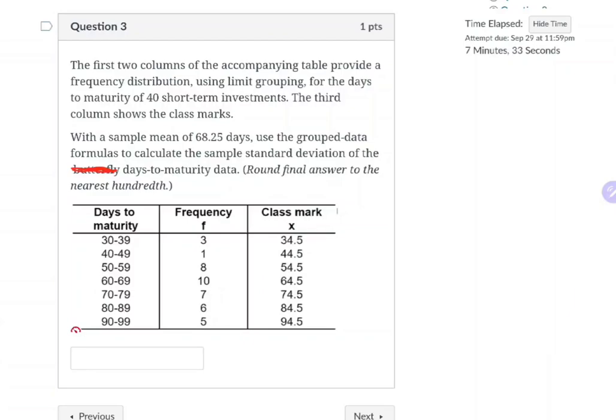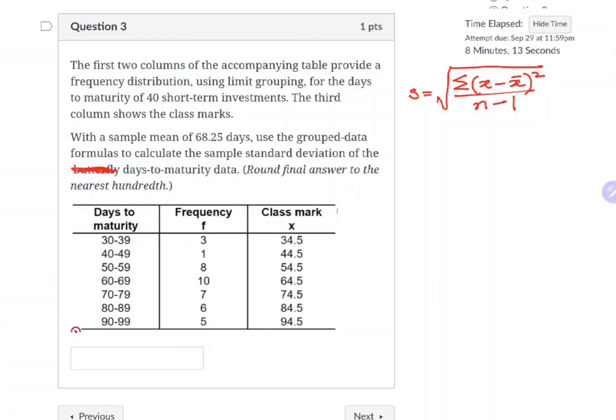I'm going to start with the defining formula for the standard deviation. If you recall, it is the square root of the sum of (x minus x bar) squared, divided by n minus 1. Your formula sheet will have a specific formula for finding the standard deviation from a grouped interval frequency table.